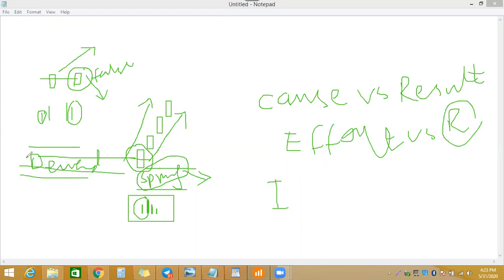In this case, if you find a group of candles, I can say that is a demand zone. Another name for demand zone is accumulation. Accumulation and demand are the same thing. Here the units, these volumes, are accumulated from this place.